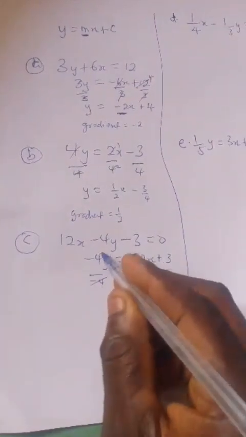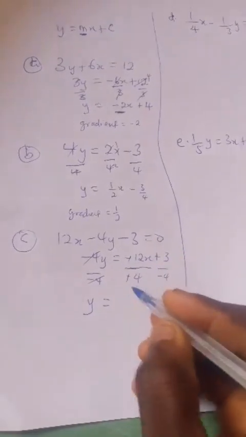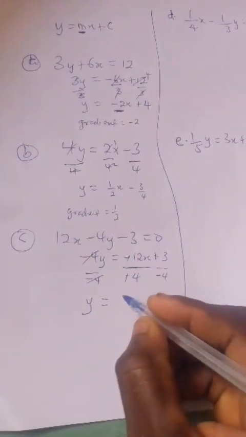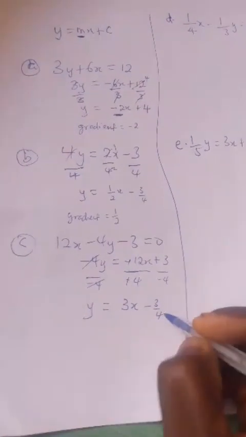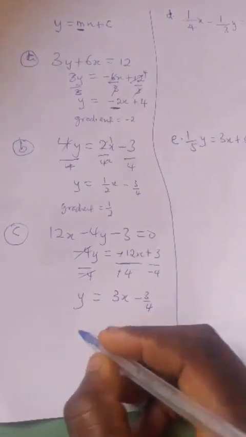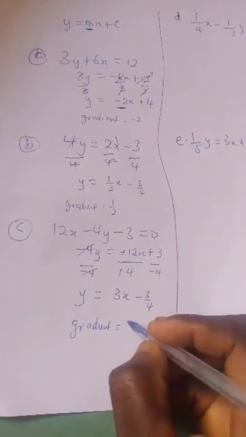So this cancels that. So y is equal to, negative cancels negative, 4 going into 12, 3. So 3x minus 3 over 4. So we have gradient is equal to 3.